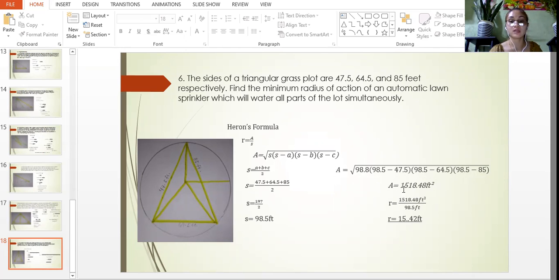So A is equals to 1,518.48 square feet. And for R, we're using this formula. So R is equals to the value of A, which is 1,518.48 square feet, over the value of S, which is 98.5 feet. So R is equals to 15.42 feet.